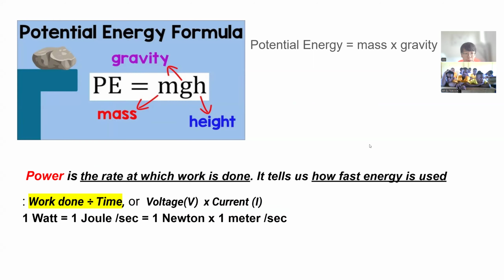We also learned about potential energy. Here, potential energy equals mass times the gravitational constant times the height.